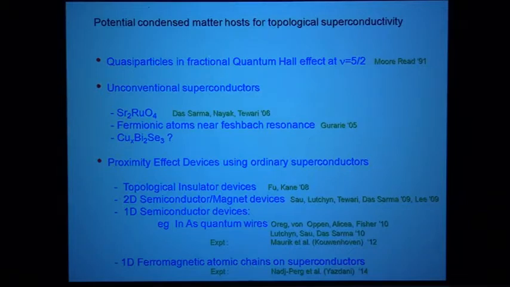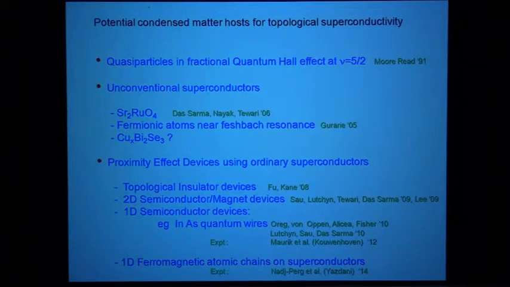There are various proposals for how one might find unconventional superconductors that have topological superconductivity, and we don't have definitive examples of those.